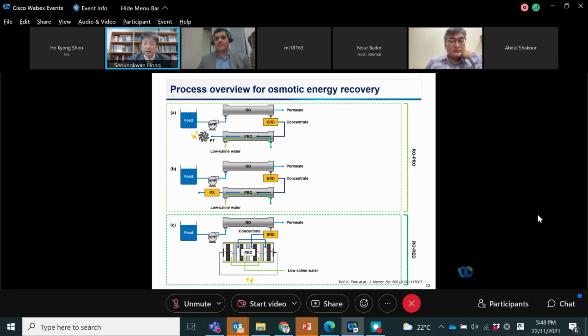Osmotic energy can also be harvested by RED, reverse electrodialysis, which adopts selective ion exchange membranes to control ion permeation.